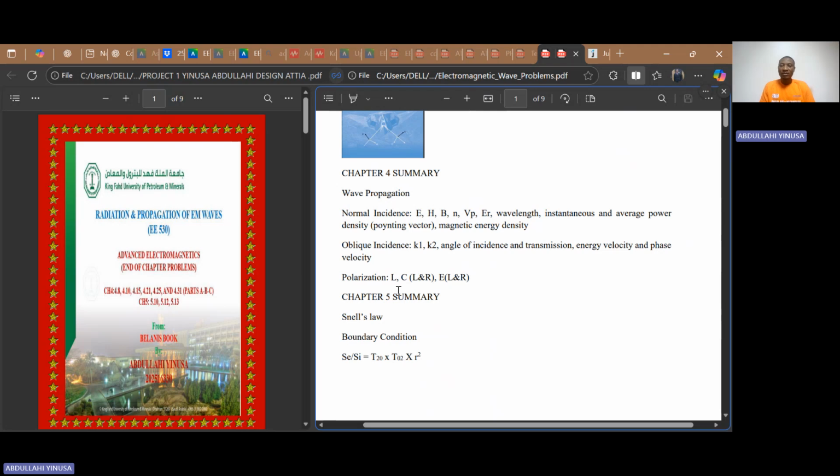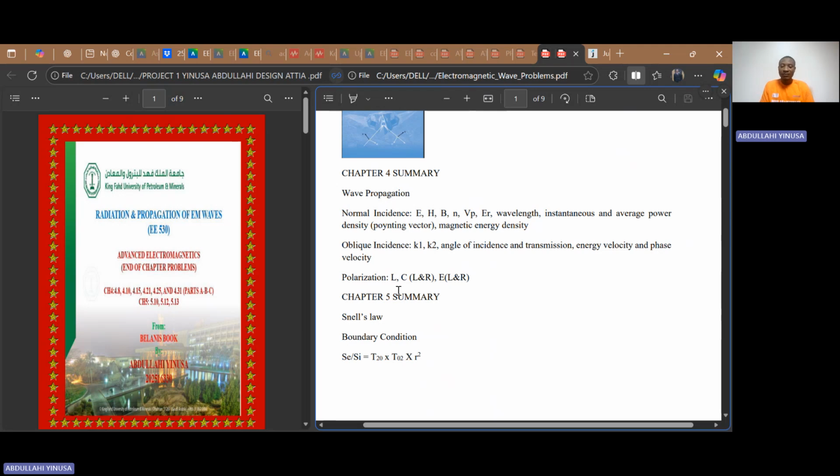It does not have X, Y, Z components; the wave is moving in only one axis. So E is the magnitude E times e raised to minus j beta z, where beta is our propagation constant and z is the direction of propagation.